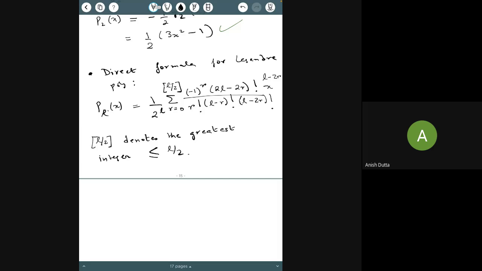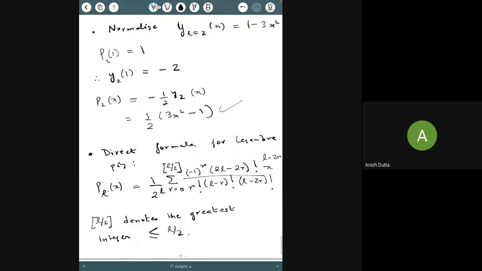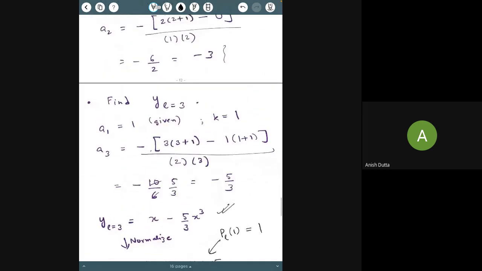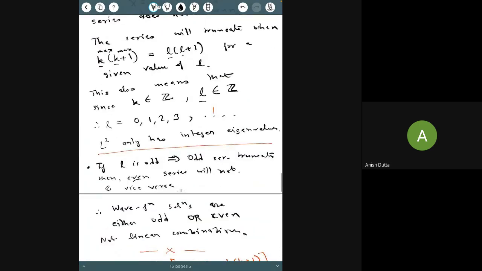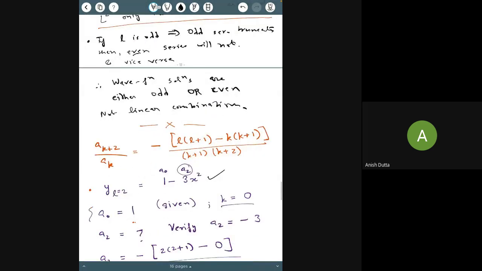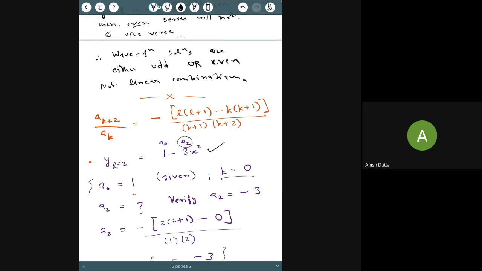Ma'am, can you please go to that question where the associated Legendre polynomials are derived, with power series? I have not derived the associated Legendre polynomials yet, but these are just, it's still everything for m equal to 0.